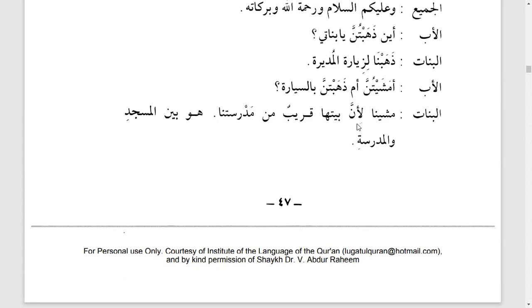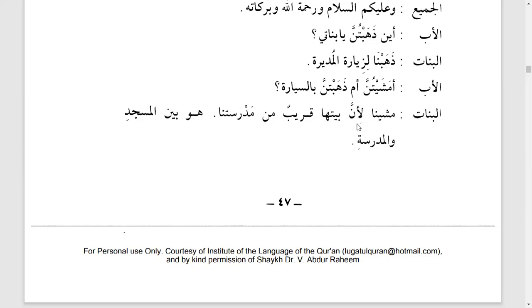Li'anna. What is li'anna? Do you remember? Which category does it belong to? Sisters of Inna. So do you remember the sisters of Inna?